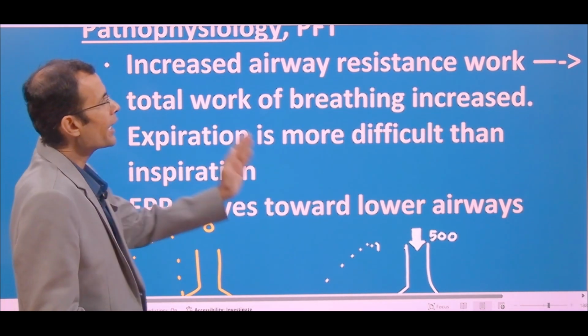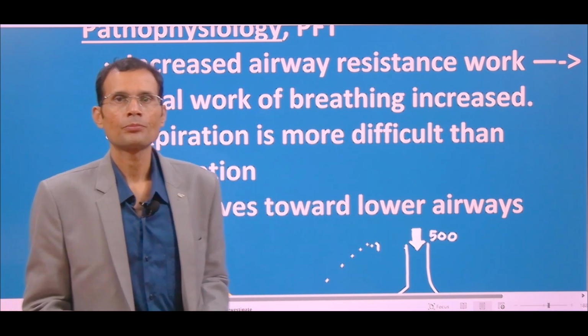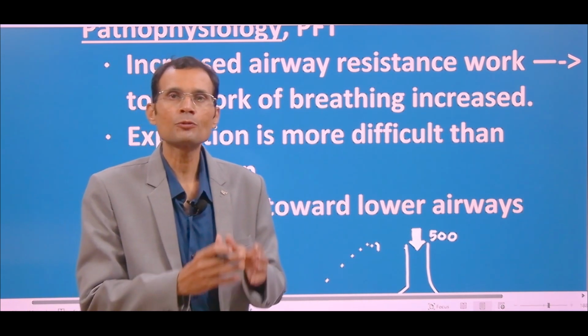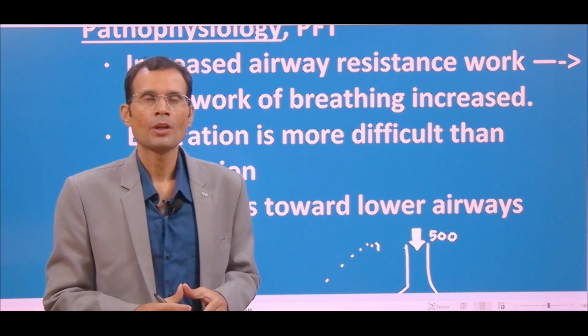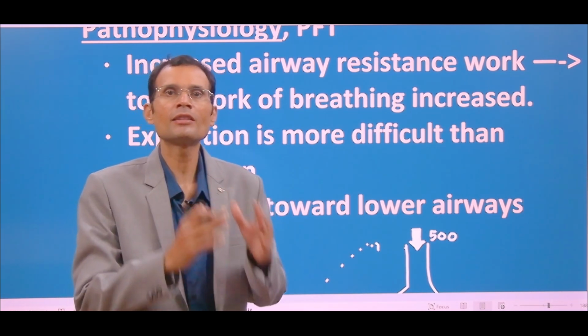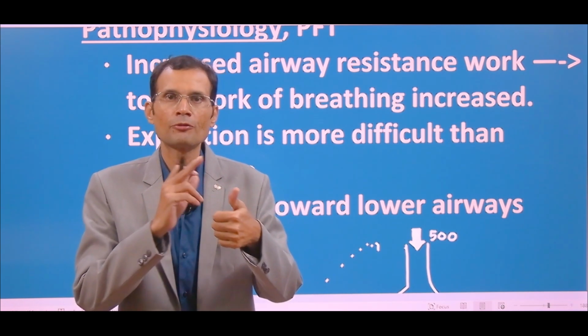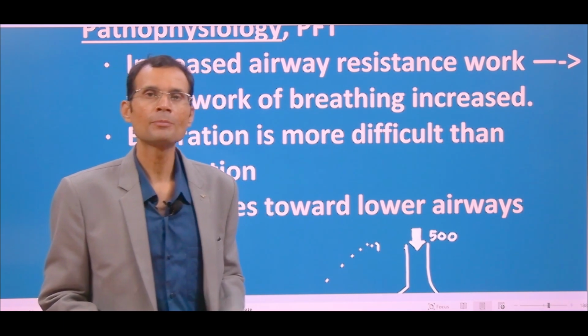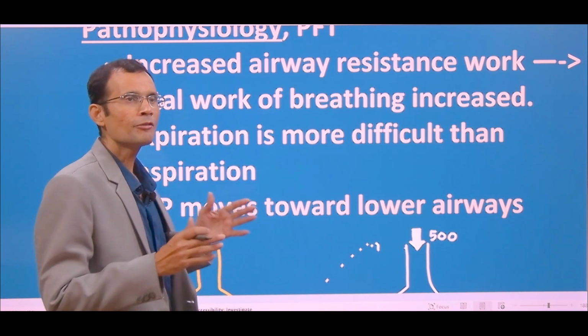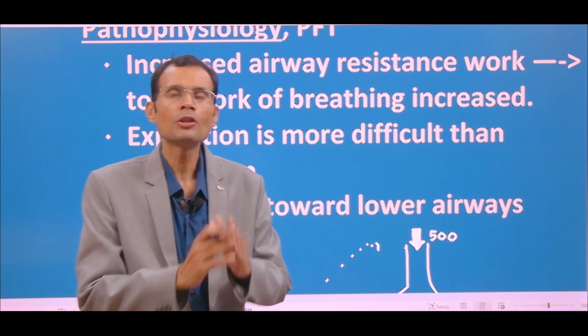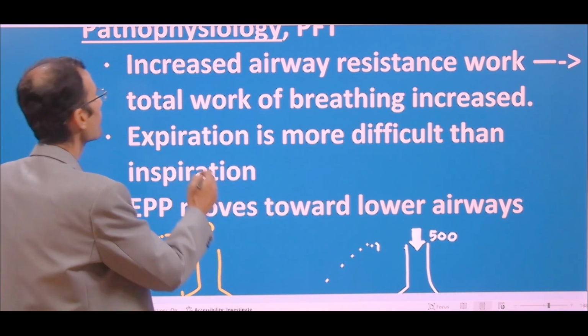There is increased airway resistance work. Just as I said, it starts with chronic bronchitis and therefore it increases the airway resistance. Airways are edematous, that's E for edema, edematous airways, and they are inflamed, they are narrowed, early closure of the airways happens.